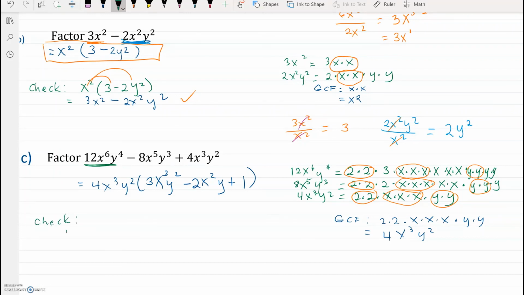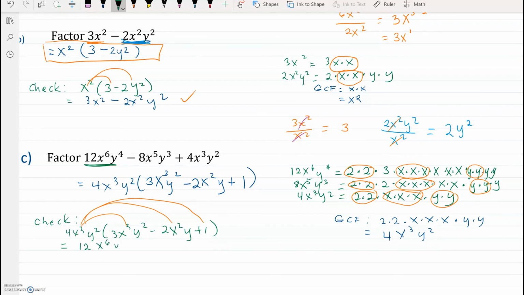So 4x cubed y squared times the quantity 3x cubed y squared minus 2x squared y plus 1. So this times this, multiply them. Okay, so what is 4 times 3? 12. X cubed times x cubed, that's x to the 6th.